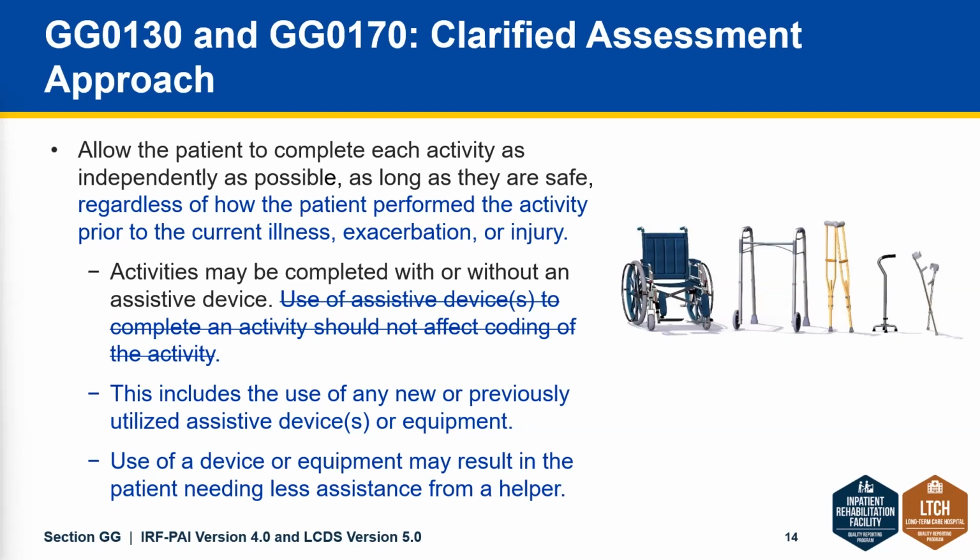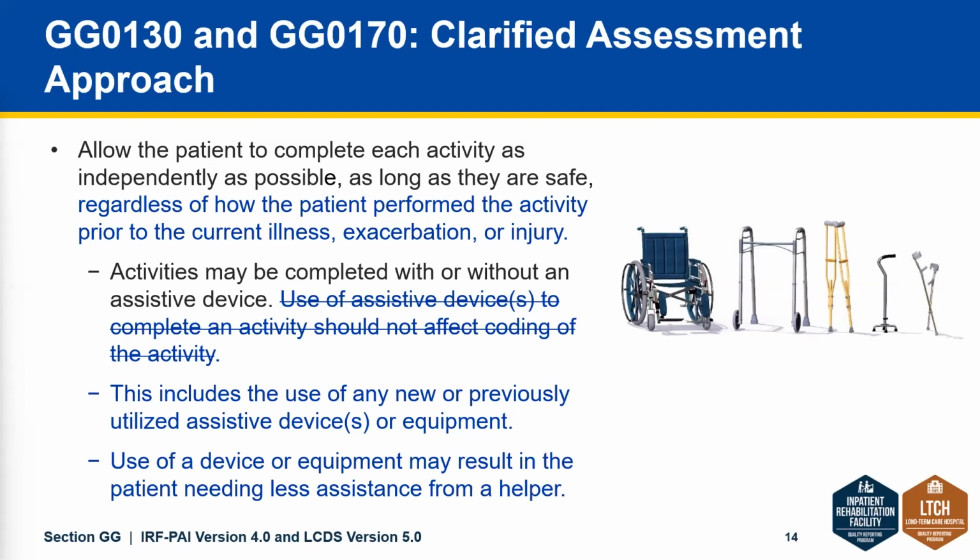Additional guidance around use of assisted devices has also been added to the manuals. Activities may still be completed with or without an assisted device, including the use of any new or previously utilized assisted devices or equipment. The guidance acknowledges that the use of a device or piece of equipment may result in the patient needing less assistance from a helper.